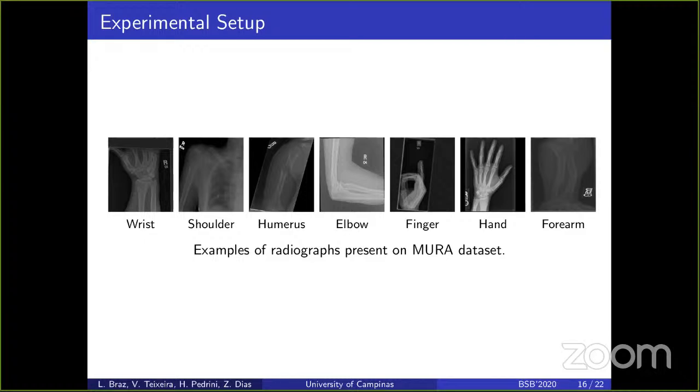The upper extremities present are wrist, shoulder, humerus, elbow, finger, hand, and forearm. All radiographs are labeled as normal or abnormal.